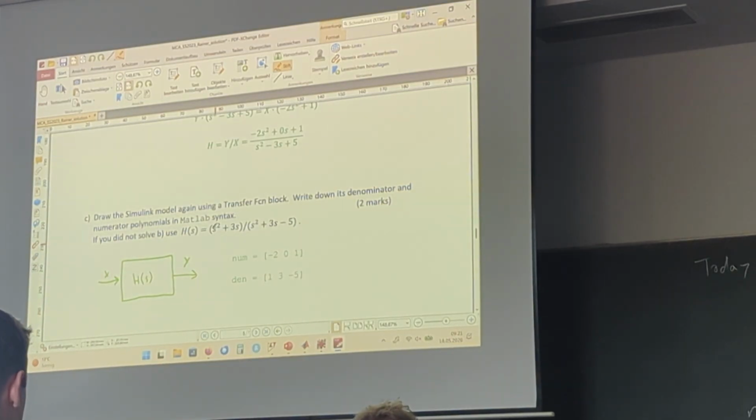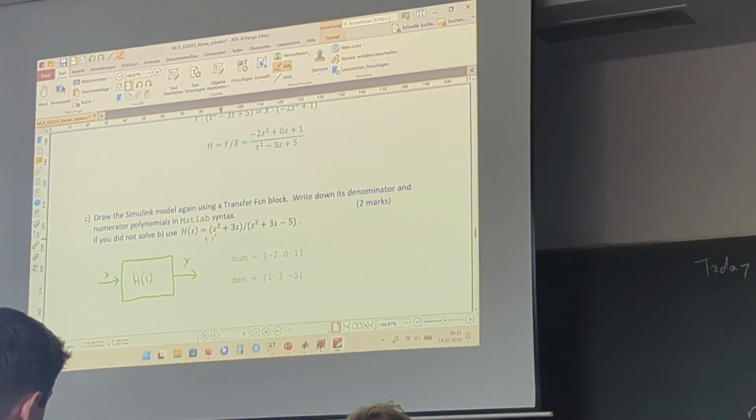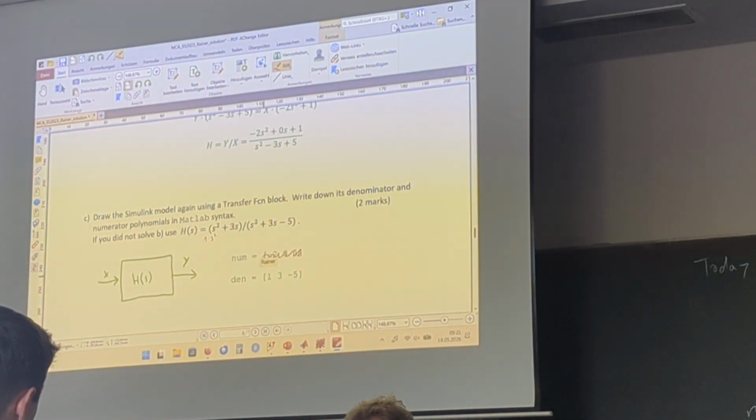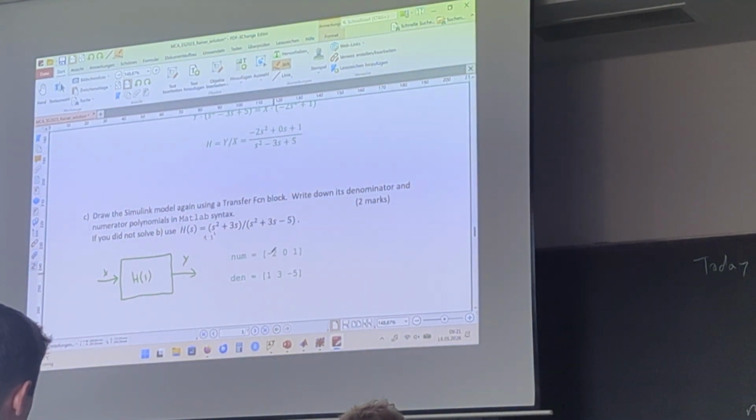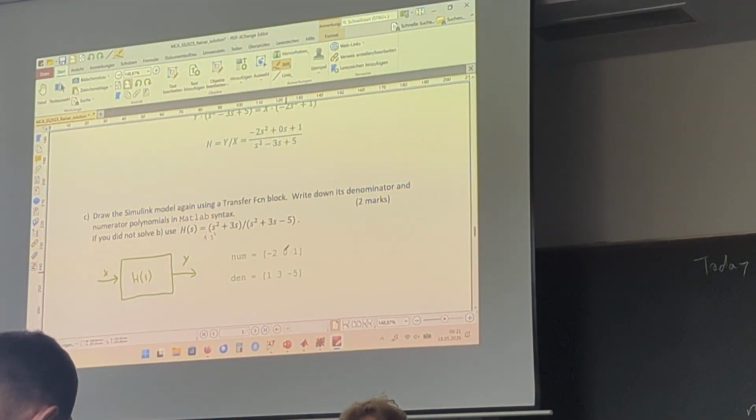And don't forget, maybe there could be a 0 inside. For example, here, the numerator is 1 time S squared, but okay. So I just see this is an old one. Sorry, okay. Is that for the top one, isn't it? For the minus 2s squared plus 0s plus 1? I think it is. Yes, but I don't see this. Okay, so it should be interpreted as minus 2 times S squared, 0 times S, and 1.